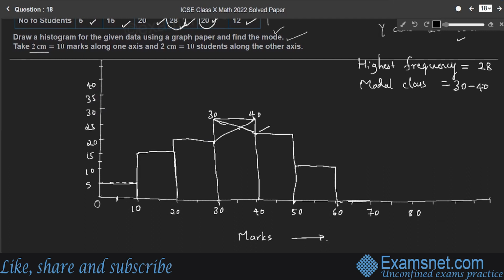Both lines meet at a certain point. From that point, draw a line to the x-axis. It meets the x-axis at a point, 35, which is the mode of the given distribution. On an actual graph sheet you will get the exact value.